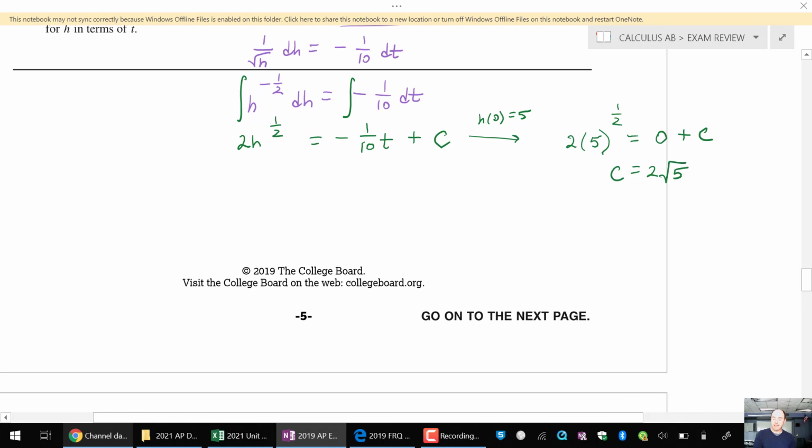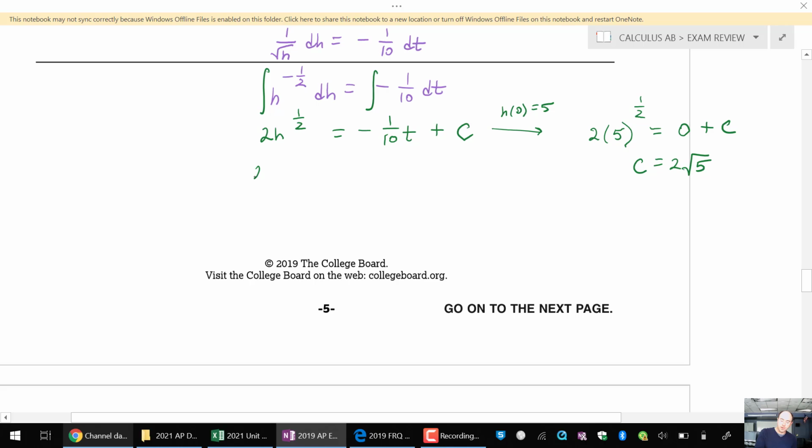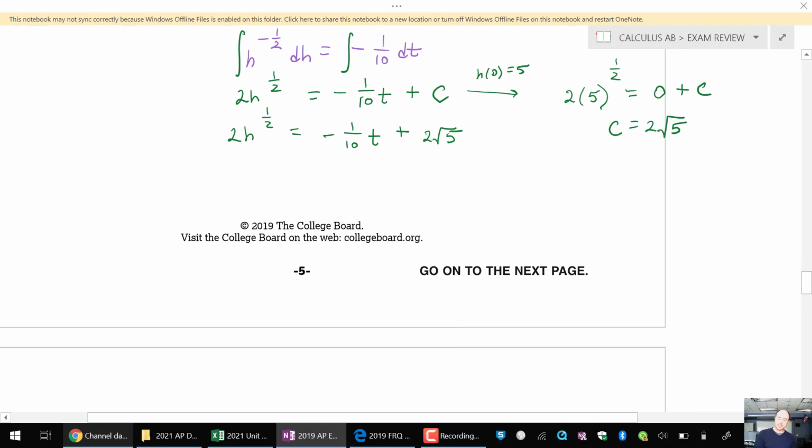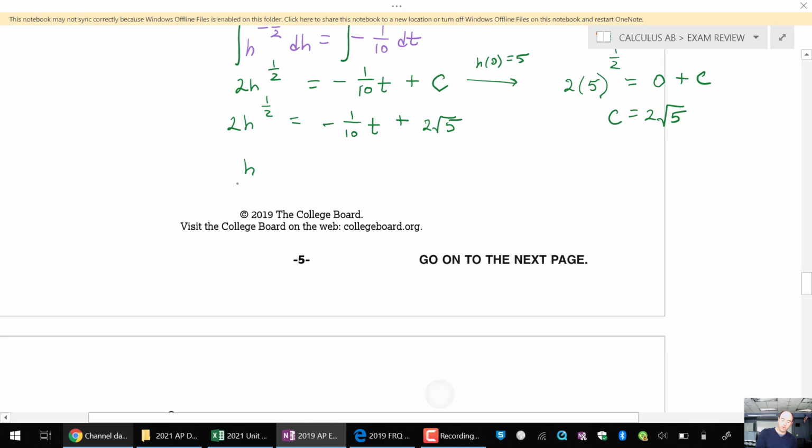I'll bring that 2 root 5 back here into the original problem, and we'll go 2h to the 1/2 equals negative 1/10 t plus c, but I now know that c is equal to 2 root 5. And at this point, we're just trying to solve for h. So let's divide everybody by 2. h to the 1/2 is just the square root of h.